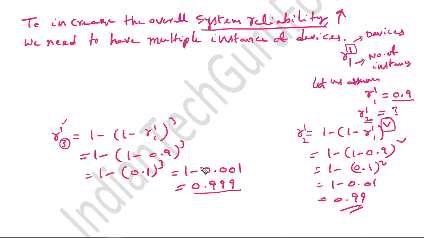So now let me summarize these values. R power 1 suffix 1 is equal to 0.9. R power 1 suffix 2, that is if we have two instances, the reliability will be 0.99.